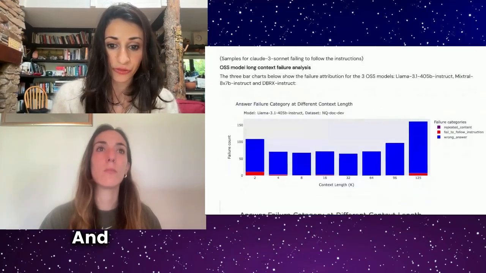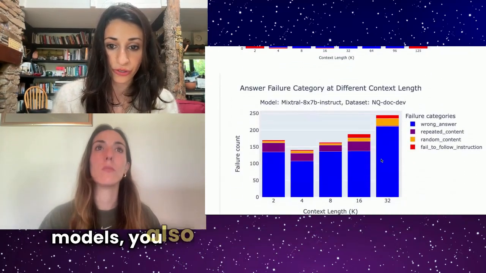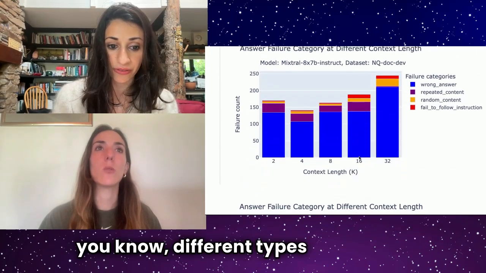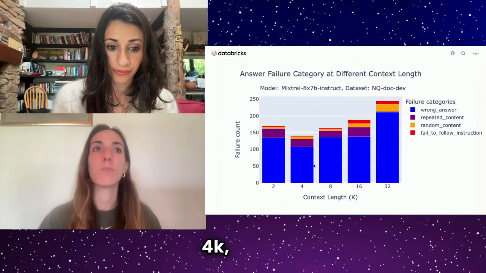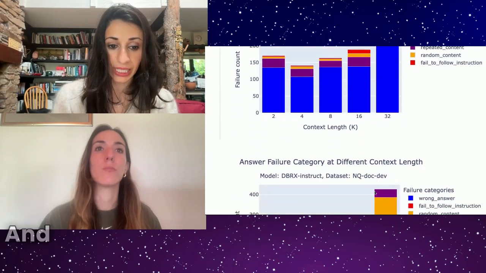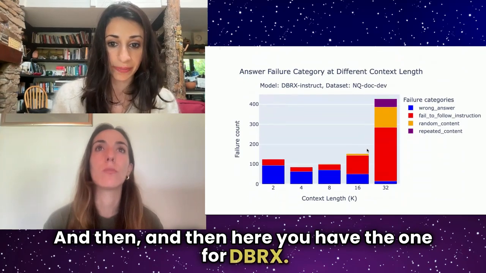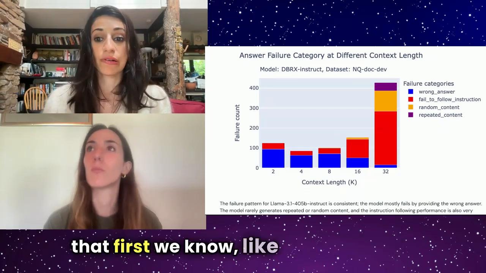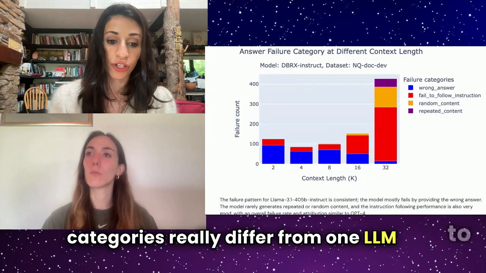Okay. And when you look at here more open source models, you also have wrong answers again, and different types of failures. Mixtral is around 4K. 4K. Yeah. And then here you have the one for DBRX. So I guess the added value is that first we know that the failure categories really differ from one LLM to another.